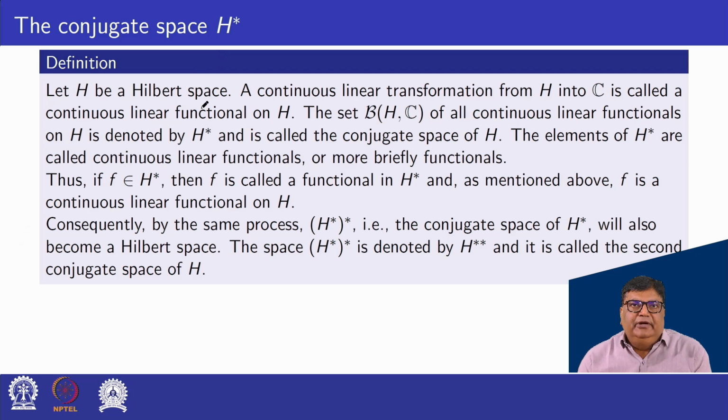Let H be a Hilbert space. A continuous linear transformation from H into C is called a continuous linear functional on H. The set BHC of all continuous linear functionals on H is denoted by H star and is called the conjugate space of H. The elements of H star are called continuous linear functionals, or more briefly, functionals.